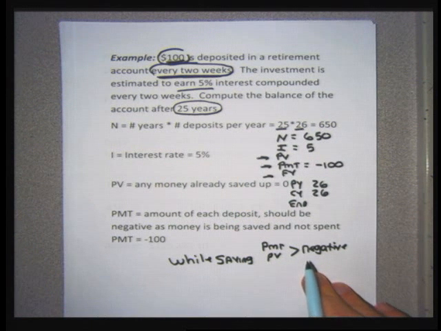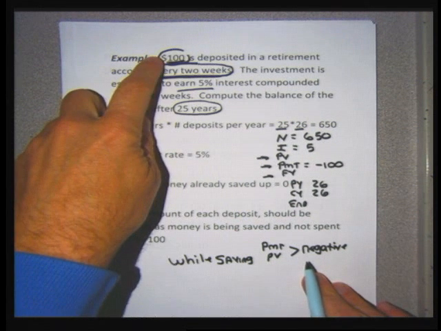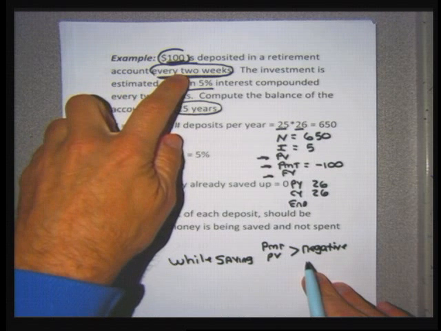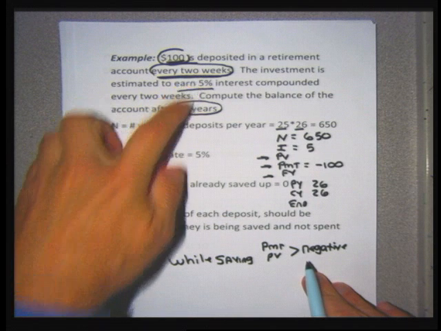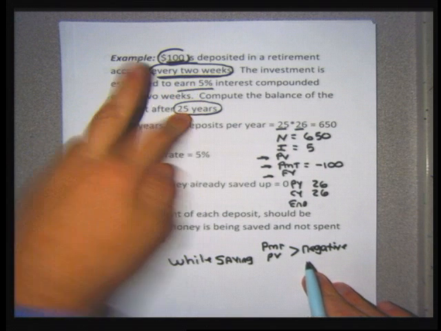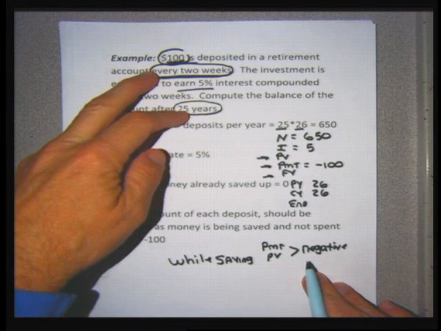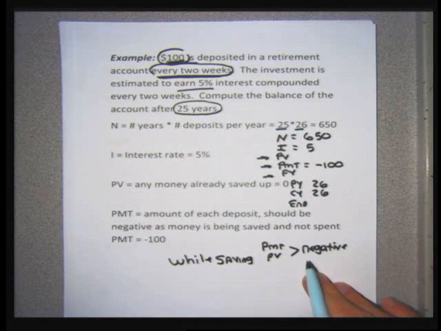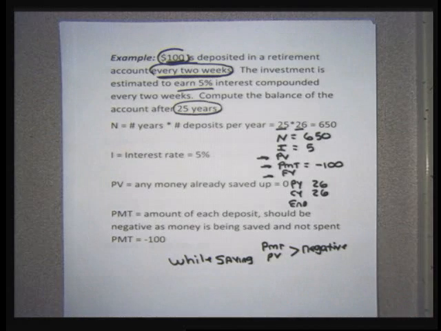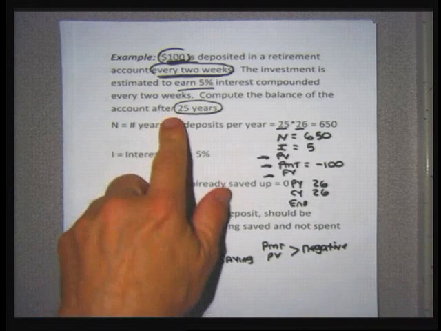So I've taken care of the $100 for the payment. The every 2 weeks gave me a PY and a CY of 26. The 5 gave me an interest rate, and the combination of the PY being 26 and the number of years being 25 gave me the N at 650. What I'm trying to find now is the balance after 25 years.